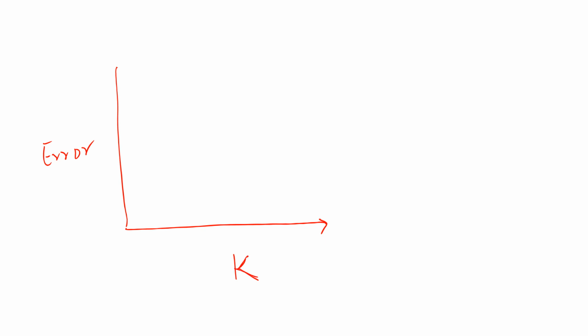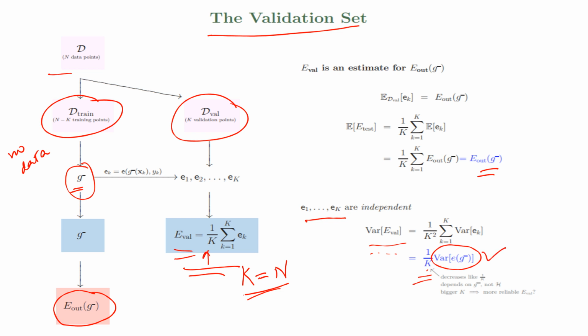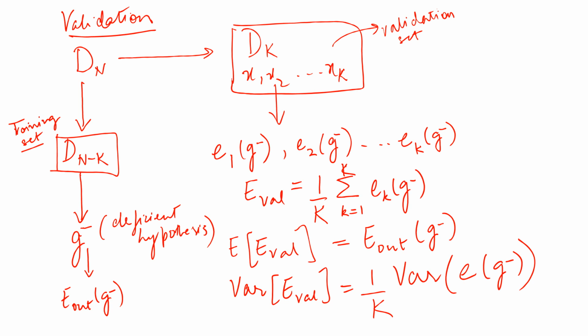Now I know that there's this product of 1 over k times variance, that is representing my variance, and then there is this expectation of E val. Here, the expectation of E val is basically me trying to estimate E out using E val. This is what these two equations are.